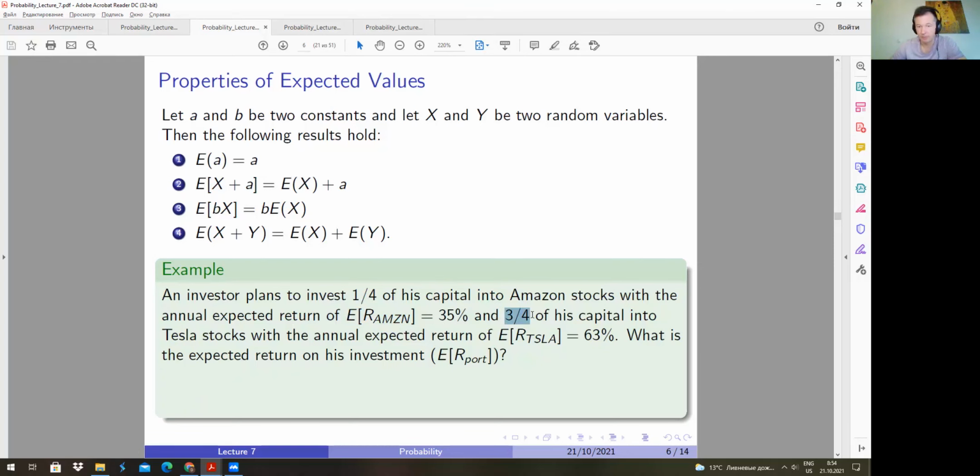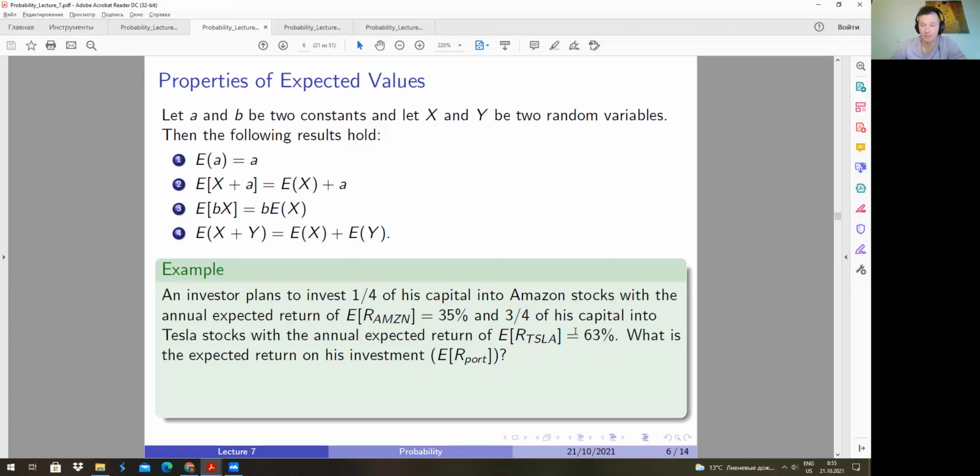And 3/4 of his capital into Tesla stocks with the annual expected return of 63%. So we have two expectations. We have two constants, 1/4, 3/4. So what is the expected return on his investment? So a return on the portfolio.